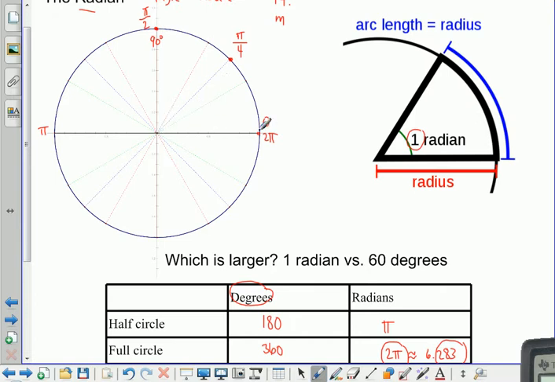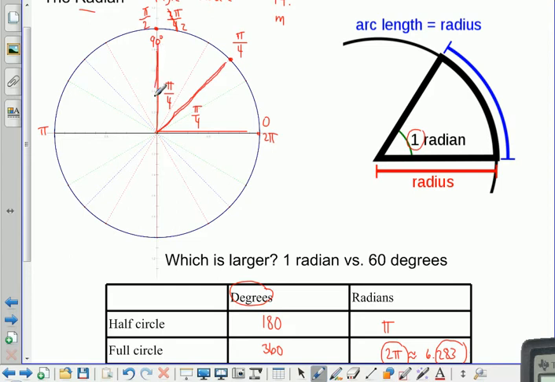So if this angle is pi over 4, and so is this angle, that would make this 2 pi over 4, which reduces to pi over 2. So it will reduce, but if you want to count that way, that's perfectly fine.